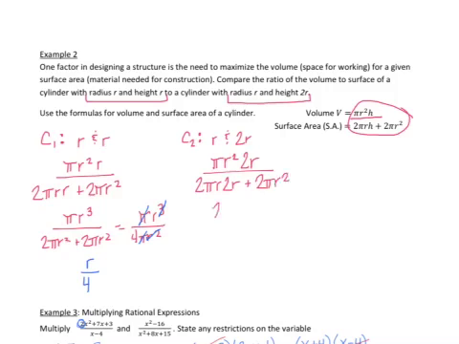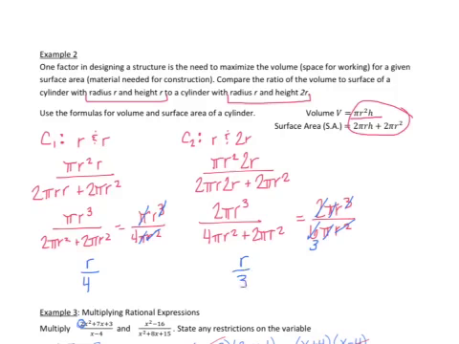So let's see, we get 2 pi r cubed over 4 pi r squared plus 2 pi r squared, which is 2 pi r cubed over 6 pi r squared. So let's cancel. So we're left with 3 on the bottom now. Pi's cancel and all but 1 r. So then we get r over 3.